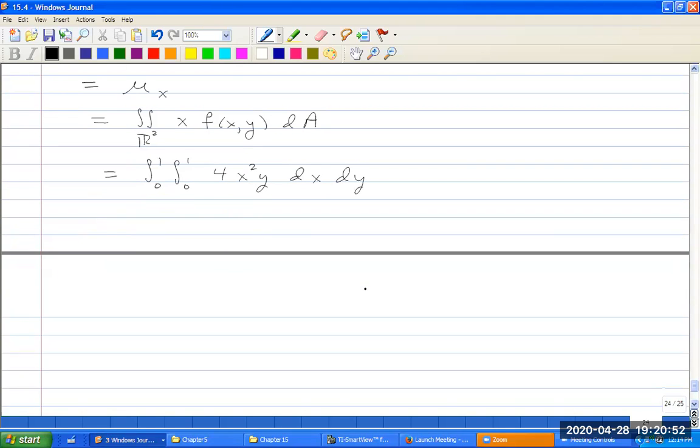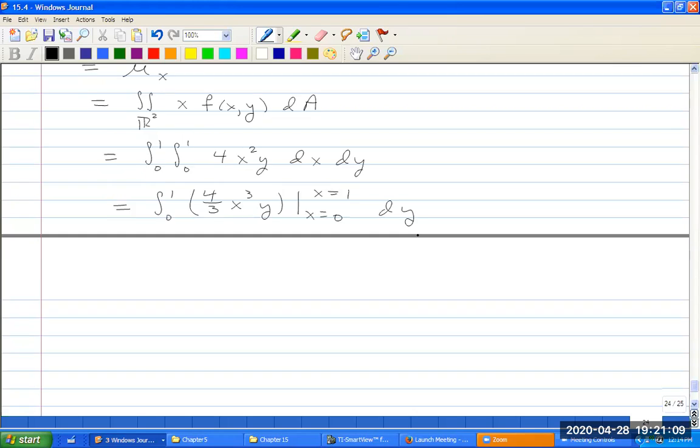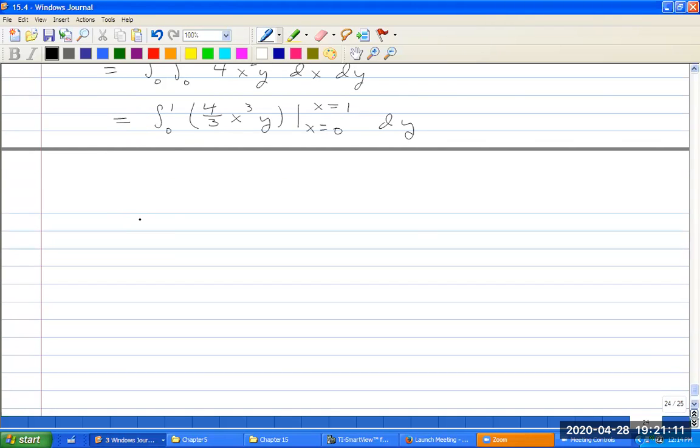Let's integrate. Integral from 0 to 1 of 4/3 x cubed y between 0 and 1. So plugging in 1, I just get 4/3 y, and plugging in 0, you get 0.